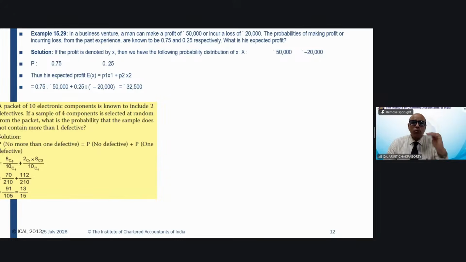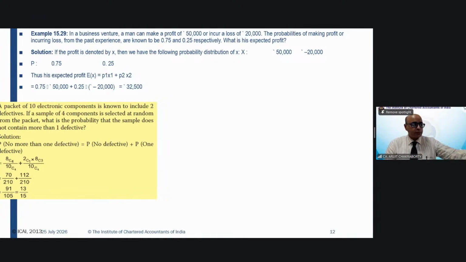So it is either 0 or 1. Now the probability of getting 0 defectives and the probability of getting 1 defective, we can easily calculate if you use the idea of the permutation combination chapter. The total number of electronic components is 10. So I can select any 4 of them in how many ways?